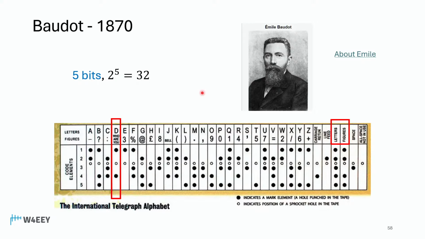If you're sending letters and then you sent the figures code 11011, then on the other end, everything would be interpreted according to what was in this bottom row. So now we could do all 26 letters of the alphabet, uppercase only, and then all of these symbols. Kind of an ingenious approach. And then when you wanted to shift back to letters, you'd send the letters code, and then everything would be interpreted as letters from there on.